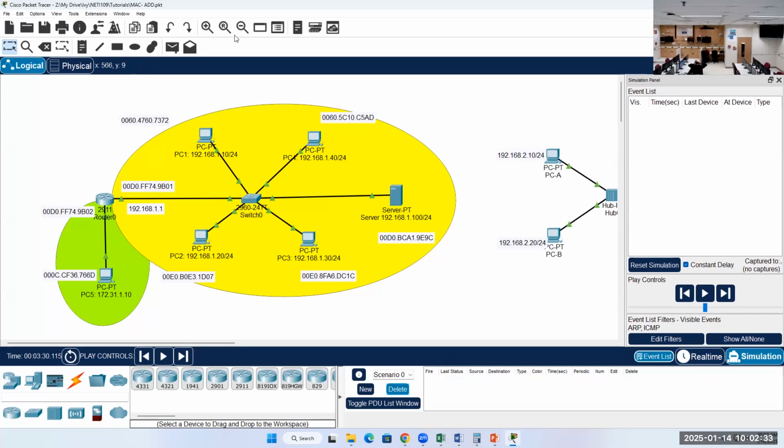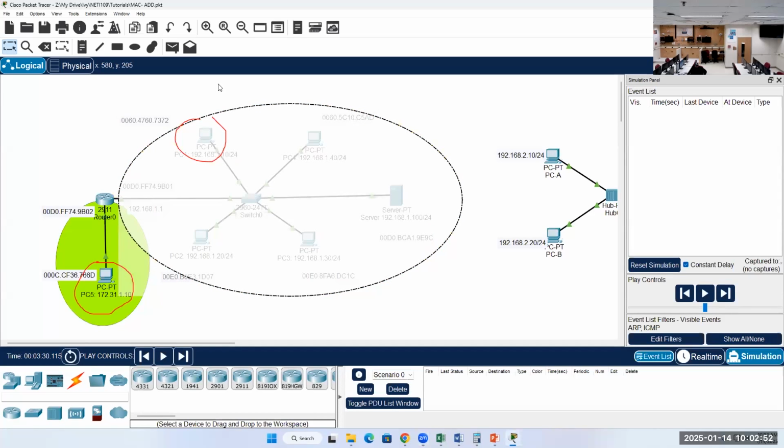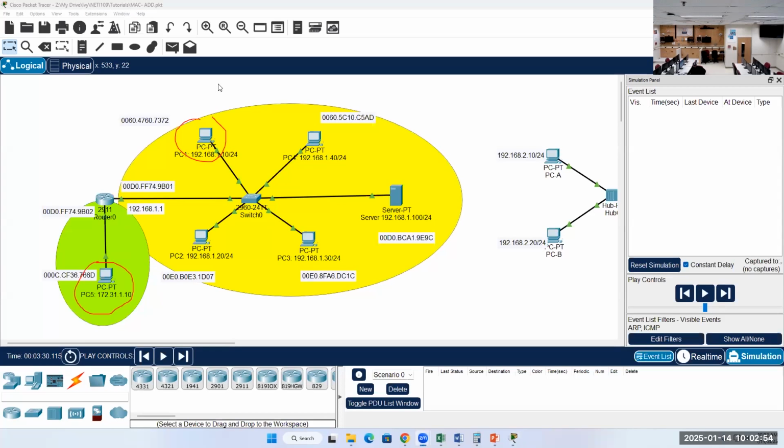Okay, let me do it here again. Think about this one. If I want to send it from this guy to this guy, the first step is I figure out this one is not on the same network. The reason I can tell is that I know I have /24, so this is my network portion, and this one does not look the same.